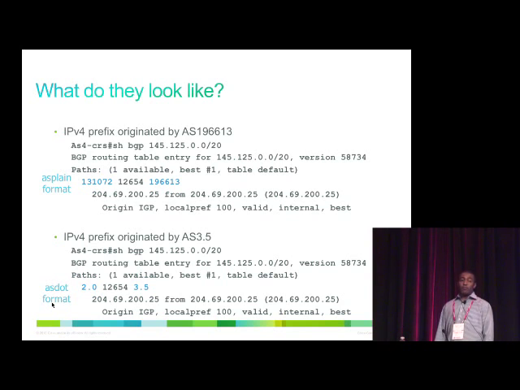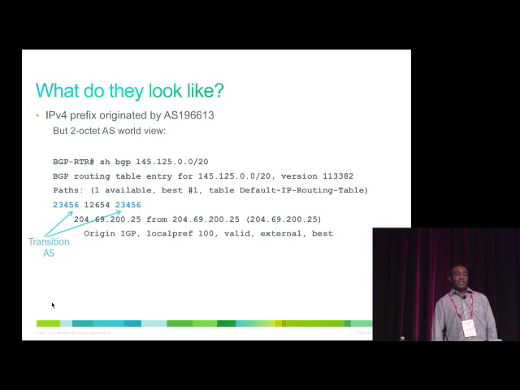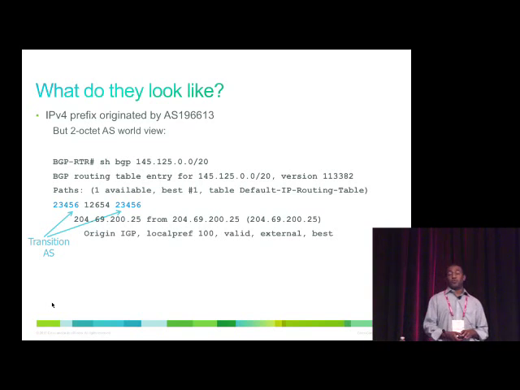In AS dot format, you will see 2.0 and 3.5 instead of that long number, so it makes the number shorter. That's the reason why some people wanted to use the dot notation, because it simplifies the representation. So how does that same path look in a 2-octet world? Just replace those 4-octet ASNs with 23456.